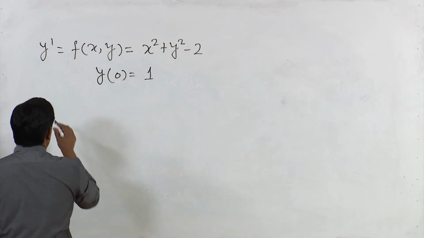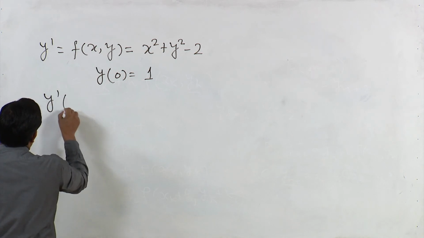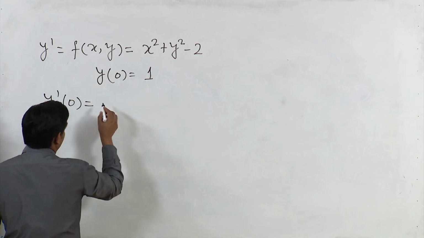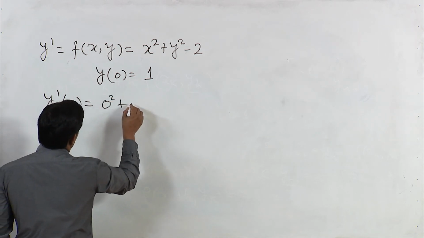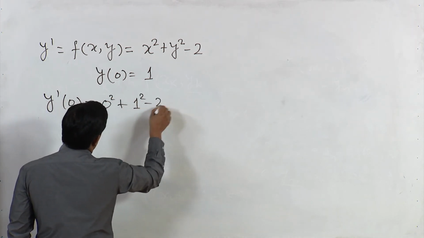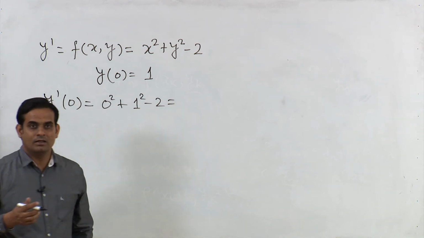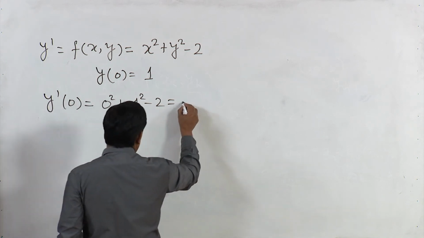So now y prime at 0 will become 0 square plus 1 square minus 2, because it is f of x, y.